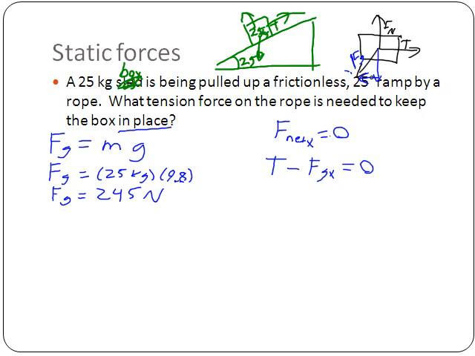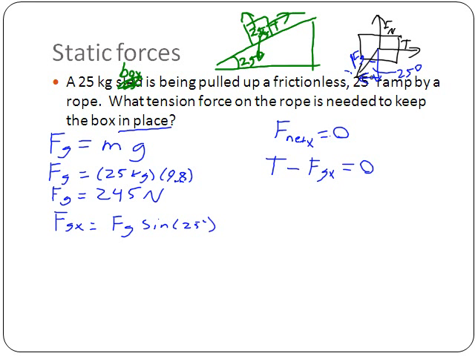To find Fgx, we look back up here and say, okay, this angle inside here is going to be 25 degrees, because that's how far we've rotated it. It was originally straight down, now it's angled over. We rotated it by 25 degrees. If we want to find that x component down there, it's the opposite side, so it's going to be sine. Fgx would simply equal Fg sine of our angle, which in this case is 25 degrees.